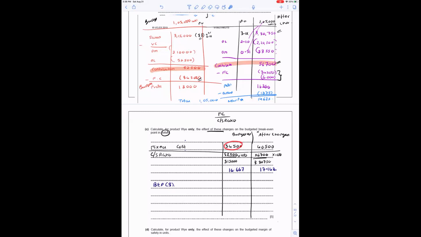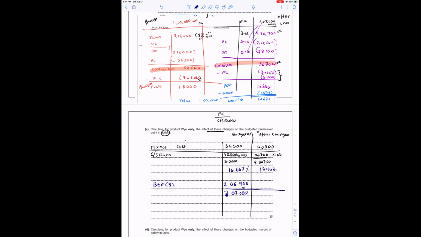Fixed cost 34,500 divided by 16.667 percentage. I am getting 2,06,958.6. I can just round it off because I'm getting answers in points. I'm rounding up to 2,07,000, because it is 666666, so I'm just rounding off to the nearest thousand.